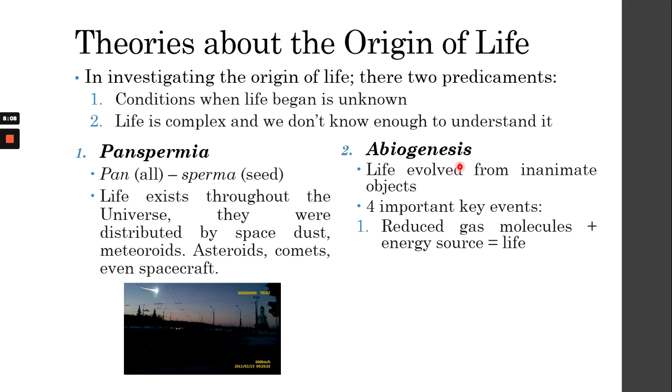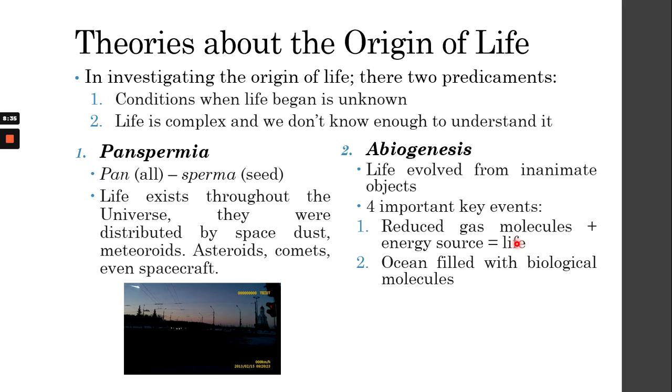Number 1, abiogenesis usually involves reduced gas molecules. So in the beginning of the Earth, we believe that there was a reduced gas atmosphere, and if you added an energy source like lightning, heat, or sunlight to these reduced gas molecules, eventually you will start a life, and we will show an example of that later on.